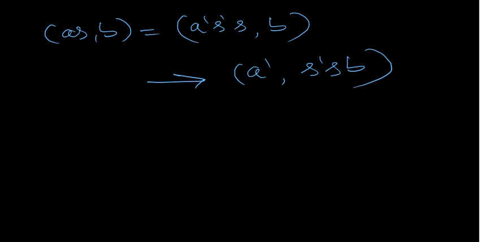Then the final element of these two moves is this, and this is the initial element, and we have a single move. You can see a single arrow.